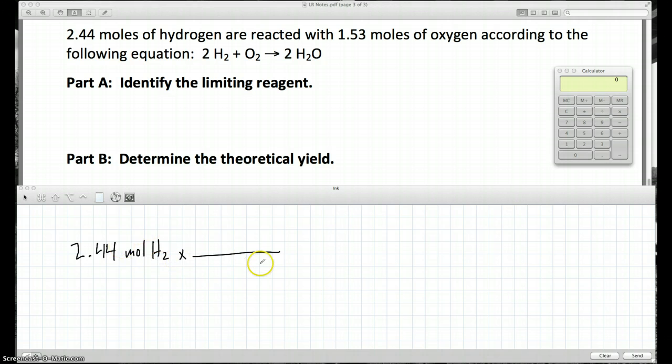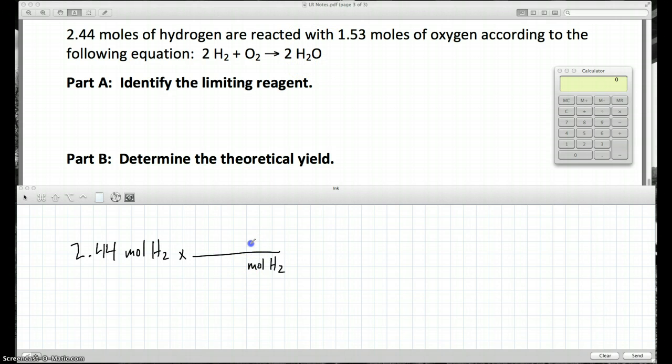So just like before, the starting unit goes on the bottom. In this case, we're not going to convert into the other reactant, we're going to convert into product. So we're going to convert the limiting reagent, H2, into moles of H2O.